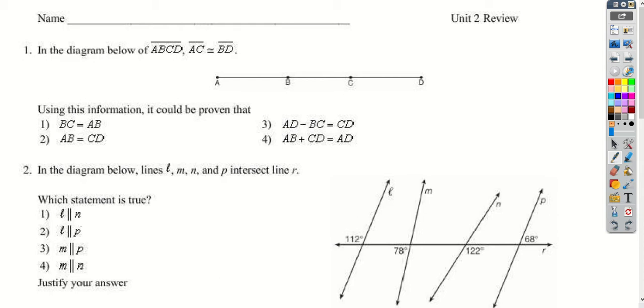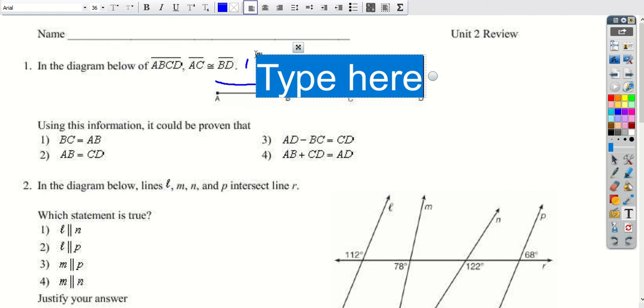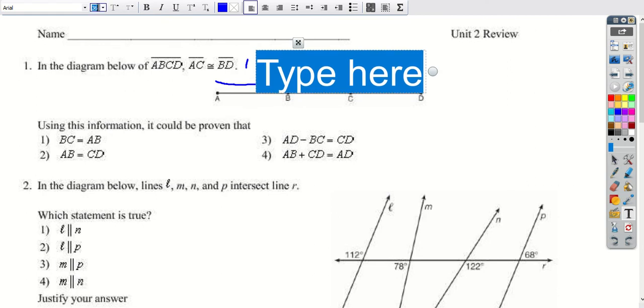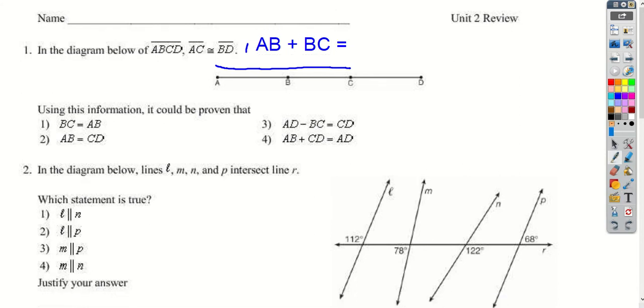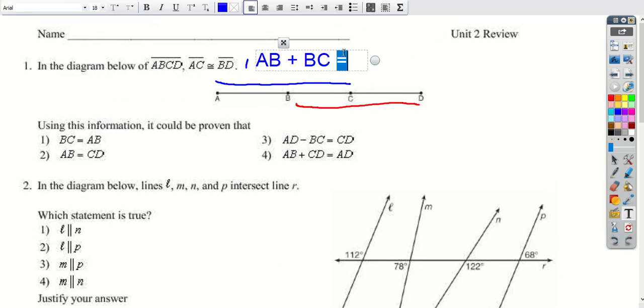So we have AC congruent to BD. And remember, we can really think of AC as these two segments, AB and BC. So really we know that AB plus BC is equal to, and on the other side, we have this segment underneath, BD, which is actually a combination of BC and CD.